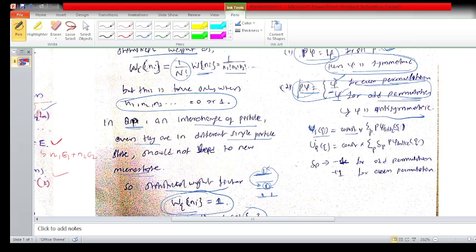And if you consider the antisymmetric wave function, then it is equal to some constant times sigma p, where sigma p stands for the summation over all permutation operations, and we have an additional factor delta p, with the permutation acting on psi Boltzmannian.